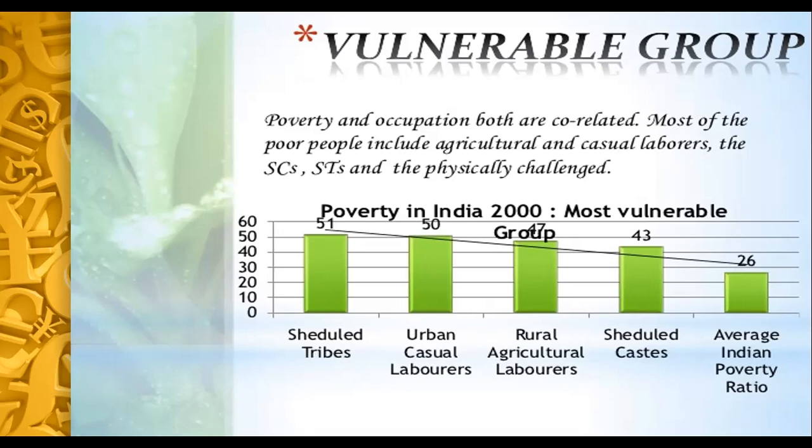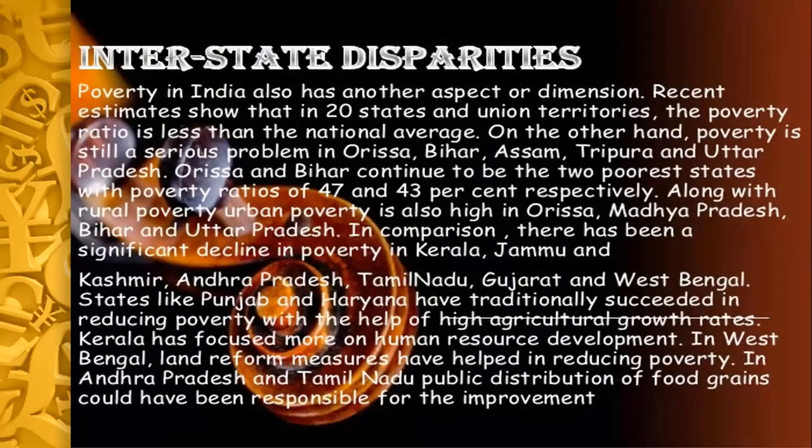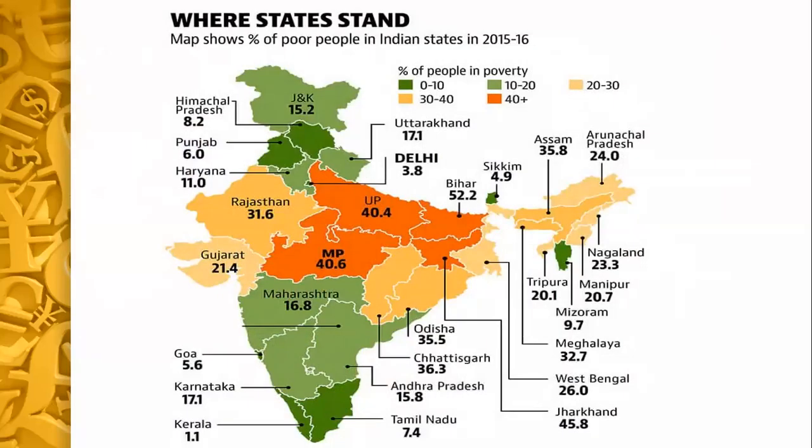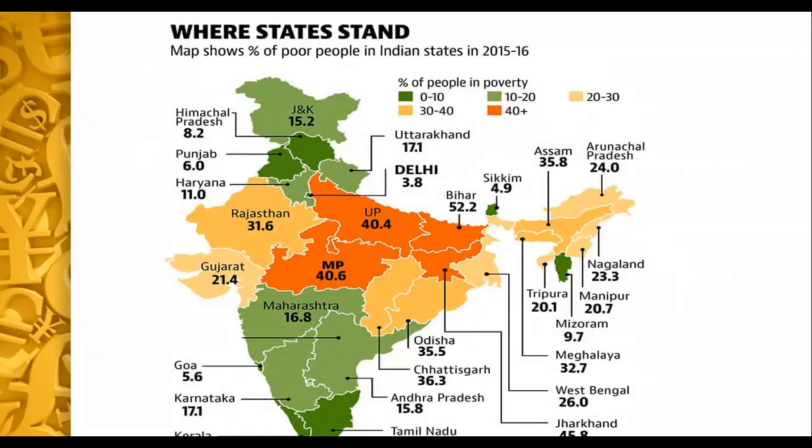Similarly, poverty in India has one more dimension. The proportion of poor people in all the states is not the same. We discussed this last class. State level poverty has witnessed a secular decline from the early 70s, and the success rate of reducing poverty varies from state to state.